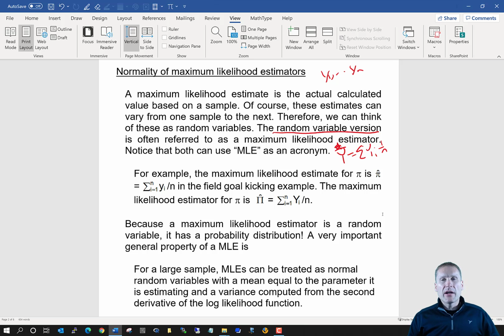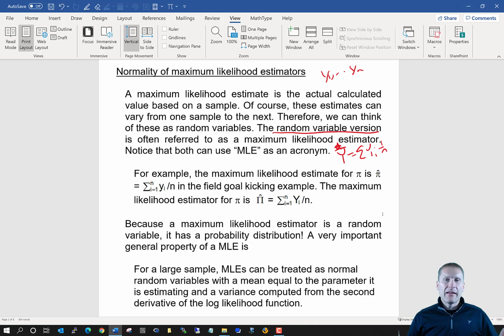This random variable version is often referred to as the maximum likelihood estimator. So both can use the acronym MLE, but there is a small difference. One is the random variable version, and the other is the actual computed value, the maximum likelihood estimate.